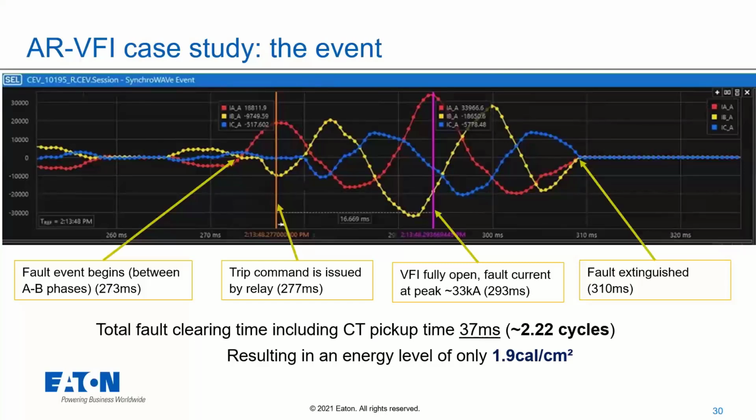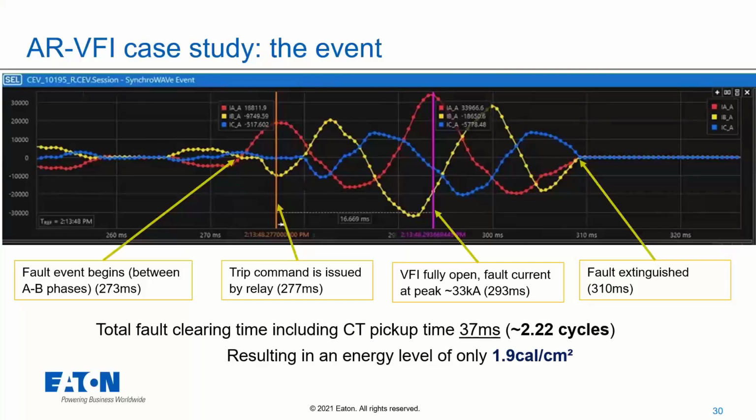What happened here is just under a quarter of a cycle of pickup time for the CTs to pick up that overcurrent event and compute that signal through the relay into the actual interrupter, the VFI, then opening the vacuum interrupter in one cycle and clearing the fault in another cycle. This resulted in a total fault clearing time from the pickup to the fault being cleared of about 2.22 cycles.